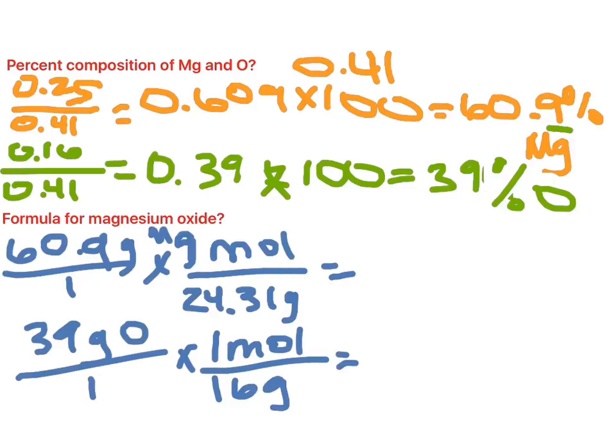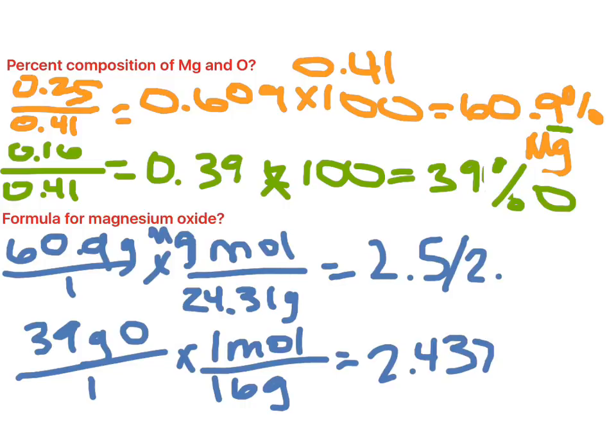So now you're going to take that and divide it. Then you have 39 divided by 16, which is 2.437.